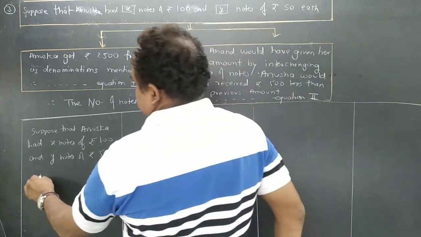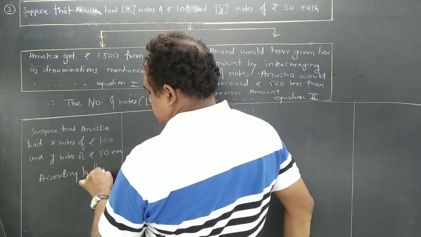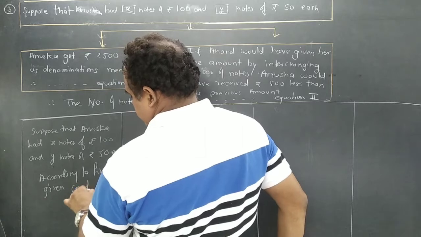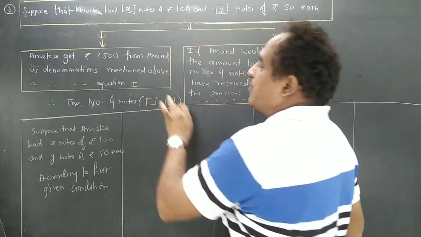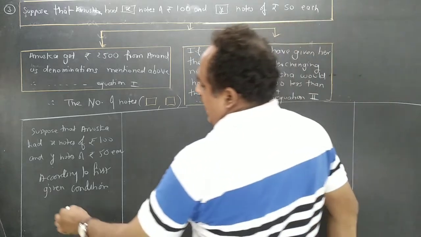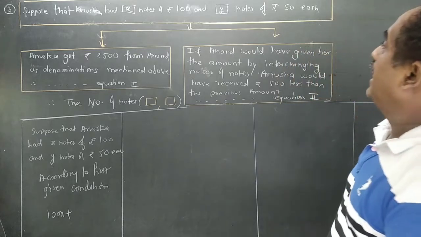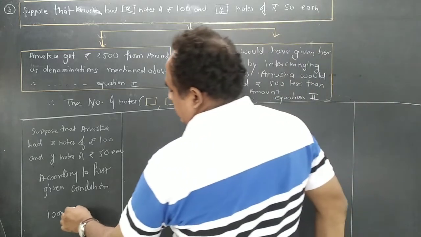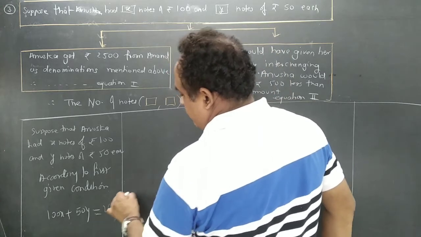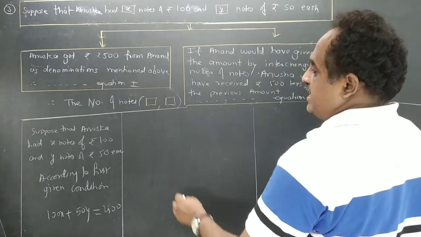So what I can write is, according to the first given condition, as the number of notes are the same, we know that 100 rupee X notes, so 100X plus 50 rupee Y notes, 50Y, and the amount becomes 2500. In this case, I can take 50 common.